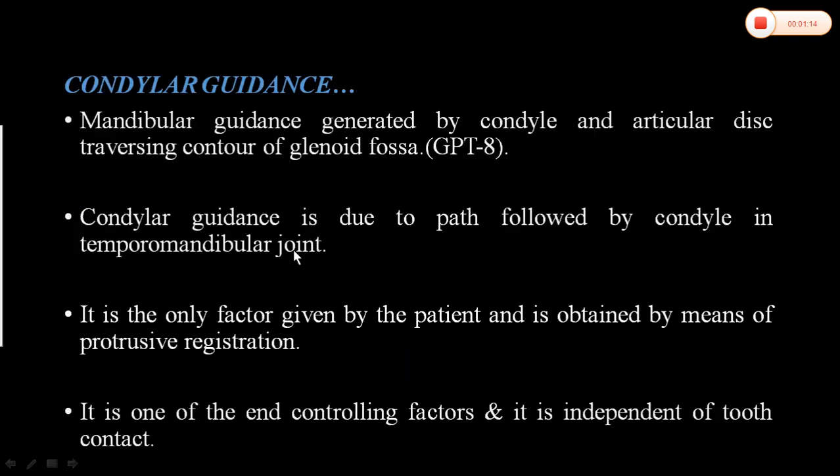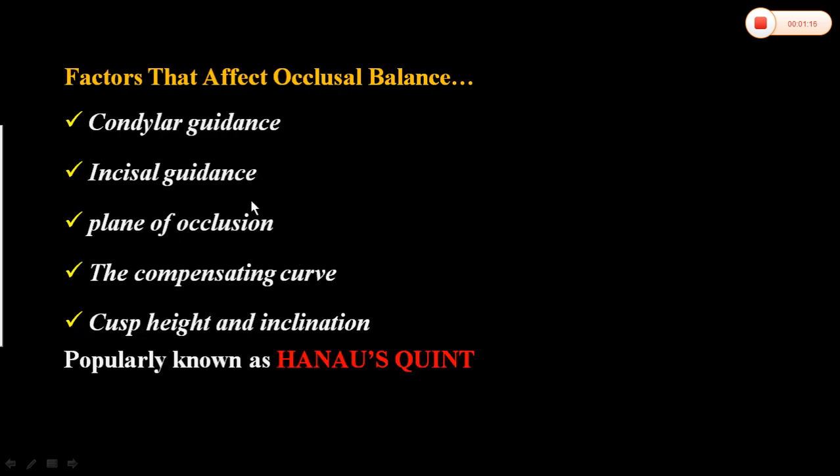So among these 5 factors, condylar guidance is given by the patient. Whatever guidance is given by the patient has to be recorded, and it has to be used to set or program the articulator.